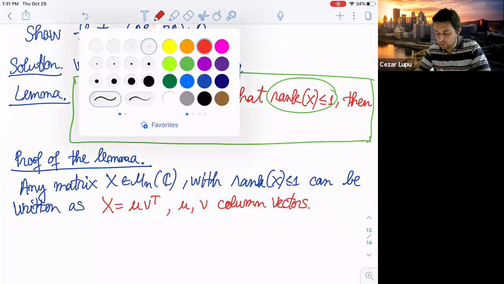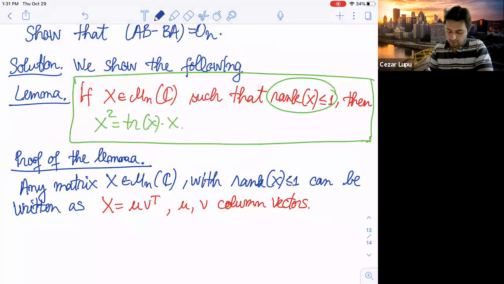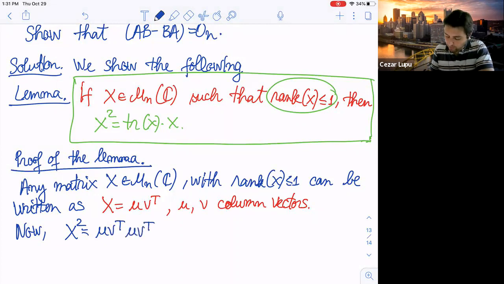And now let's compute X squared. This would be UV transpose times UV transpose, which is U times V transpose U times V transpose.